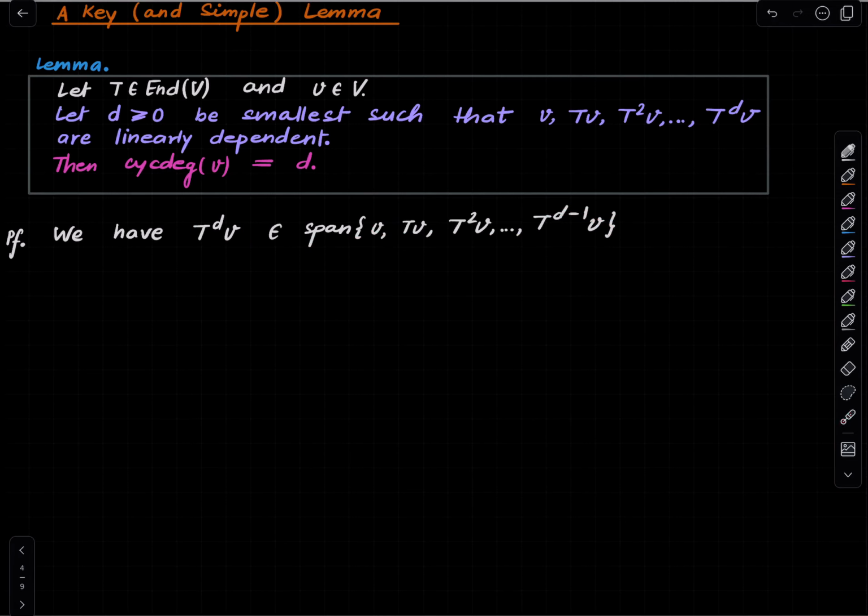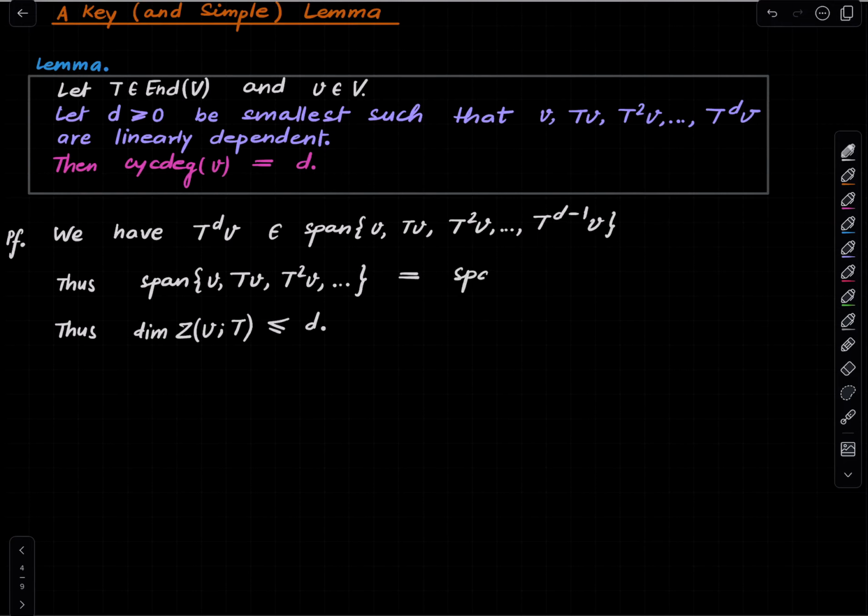Okay, so therefore the dimension of this is at most D. Why is that? Maybe I'll write one more line. The previous deduction implies that if we take the span of all of these, that is the same as the span up to the point D minus 1. Because once this is in the span of that, every higher power, meaning you replace D by some higher number, that also is in the span of that.